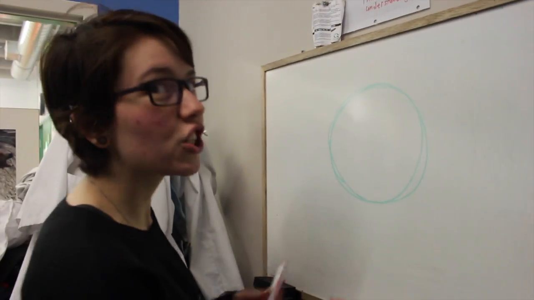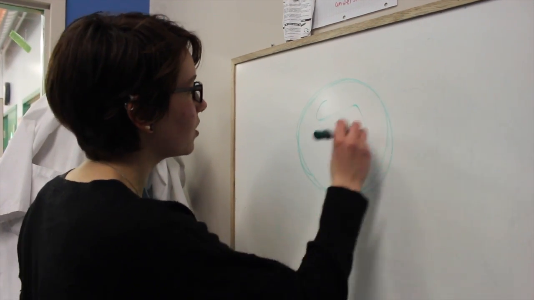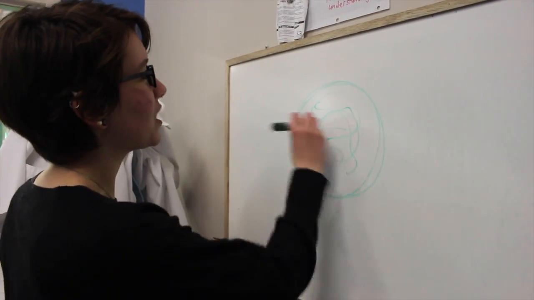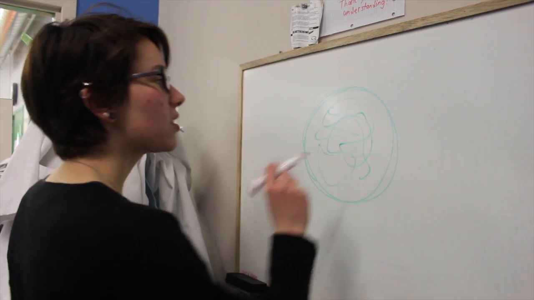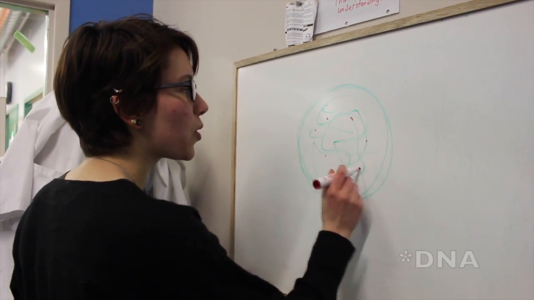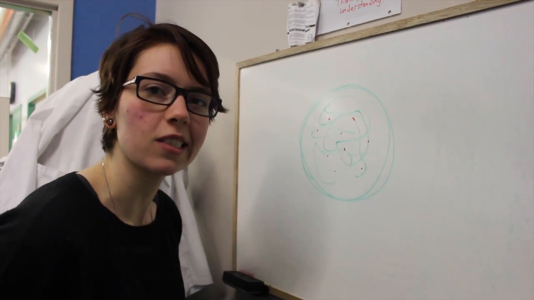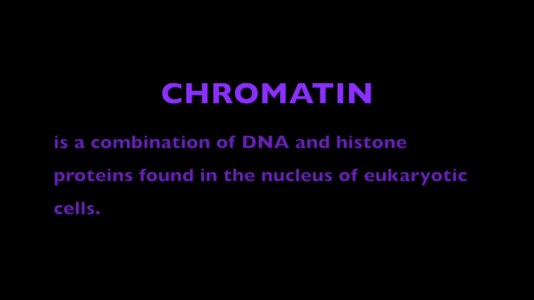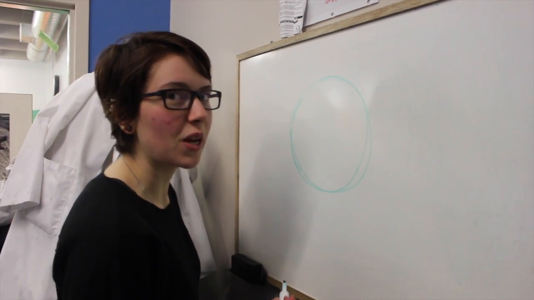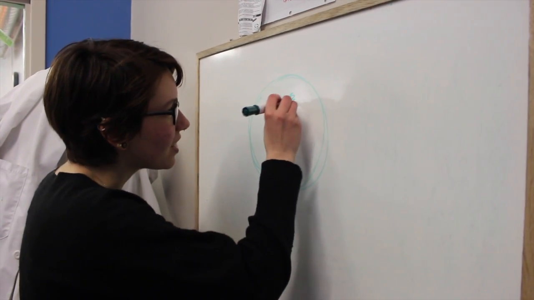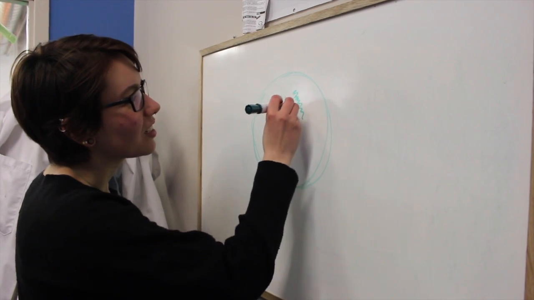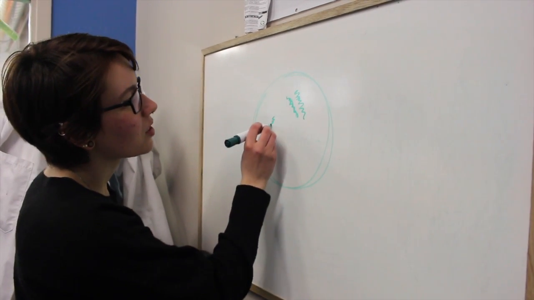When DNA is just chilling in the nucleus, uncoiled, it is known as chromatin. Little proteins, called histones, keep the DNA coiled and small enough to fit inside the nucleus. During prophase of mitosis, DNA is coiled very tightly to form chromosomes.